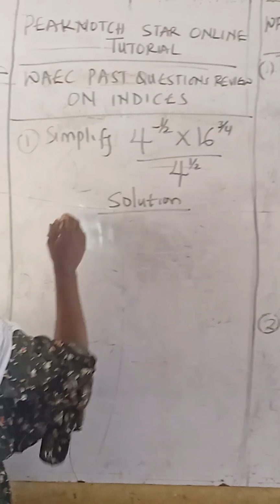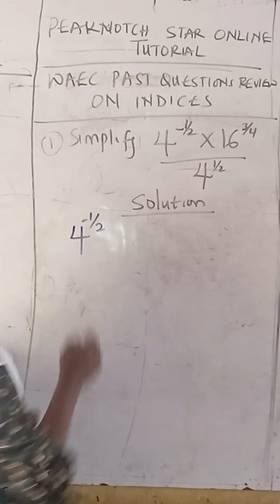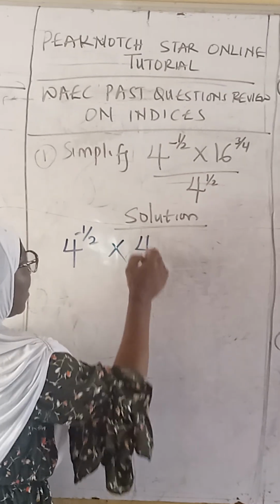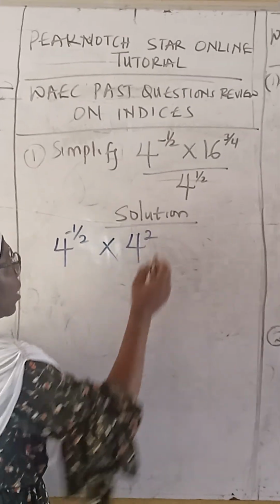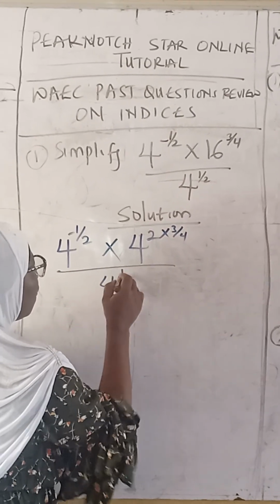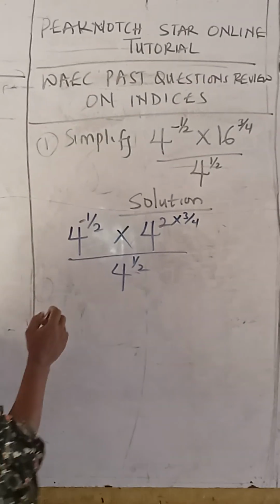So that will be 4 raised to power minus half times 16, which is 4 raised to power 2, then raised to 3 over 4, all over 4 raised to half.